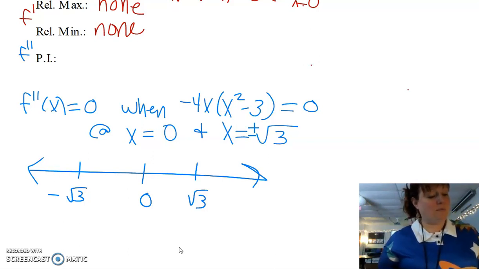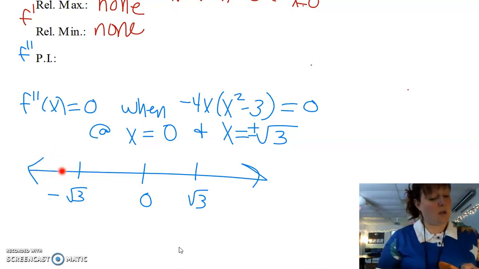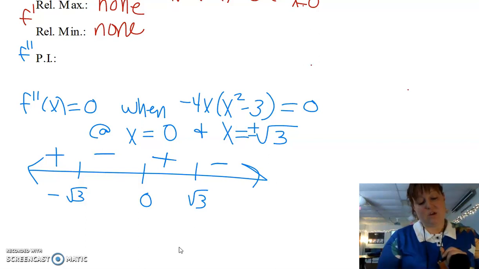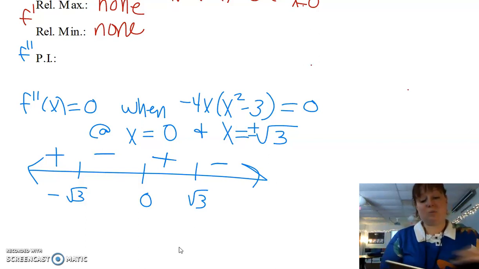So if I put, say, -2 in here, I get out a positive value. If I put in -1, I get out a negative value. If I put in +1, I get out positive, and if I put in like 2, I get out a negative. So these were all my possible points of inflection.